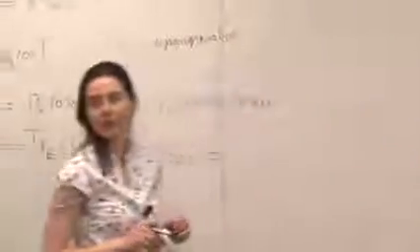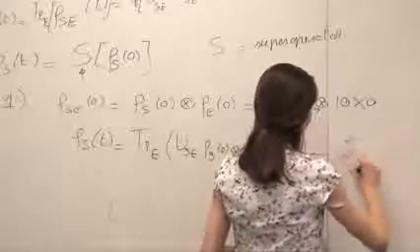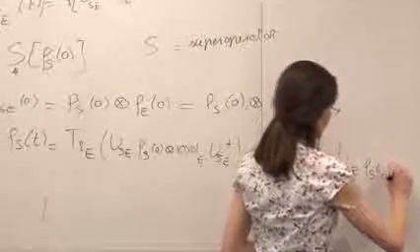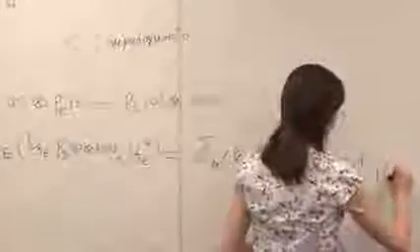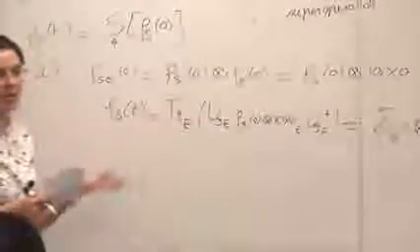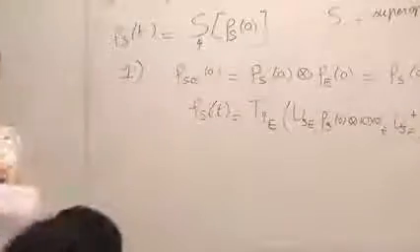Let's take this energy eigenbasis for my environment. So this is the same as the sum over k of this same expression, projected on the state k. This is just a different way of writing down the trace. If you want, it's the definition of the trace.